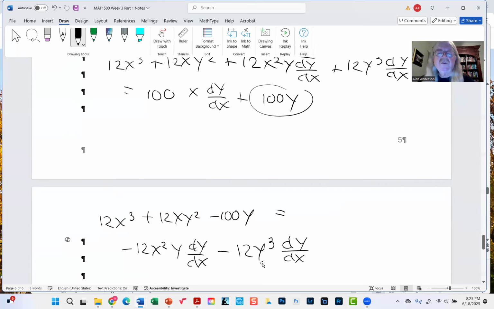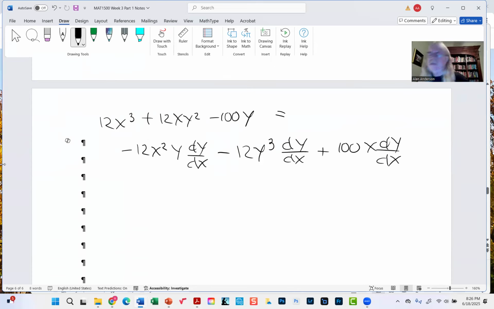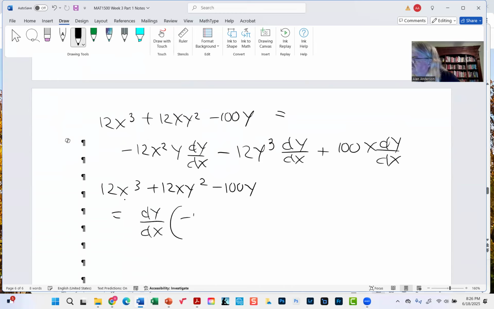And then whatever was left over from before, 100x dy dx. Okay, so now we're getting somewhere. May not seem like it. And now we can just divide.